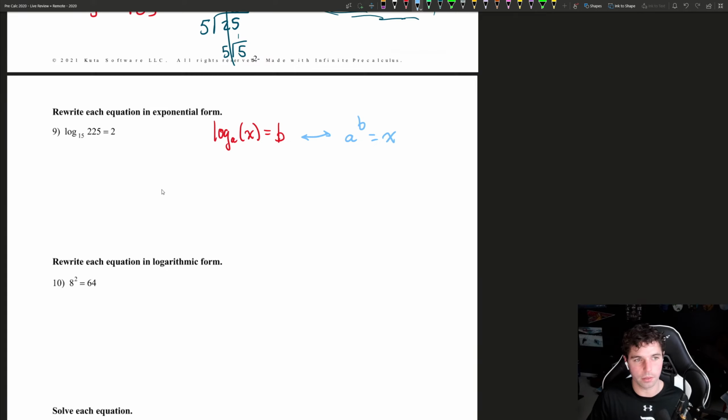So all we're doing for number 9 is just rearranging like that. We want to rewrite the logarithmic form into exponential, right? So this is our base. That's the big number. This is our exponent. And then this 225, that's kind of like our answer. So all we're doing here is rearranging. Nothing huge.